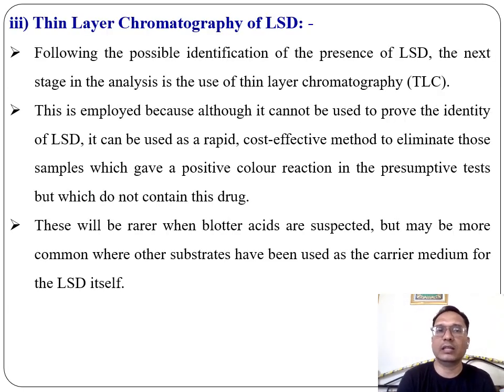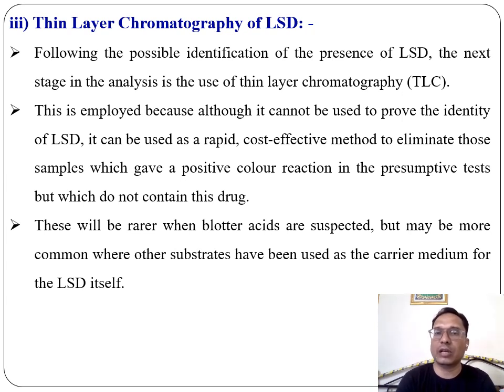The confirmatory test will be carried out using TLC. The next step of analysis for LSD is thin layer chromatography. Following the possible identification of the presence of LSD, the next stage in the analysis is the use of thin layer chromatography. This is employed although it cannot be used to prove the identity of LSD.